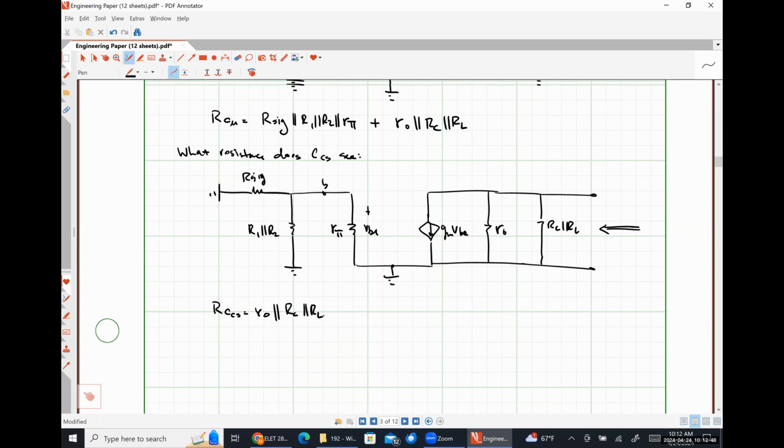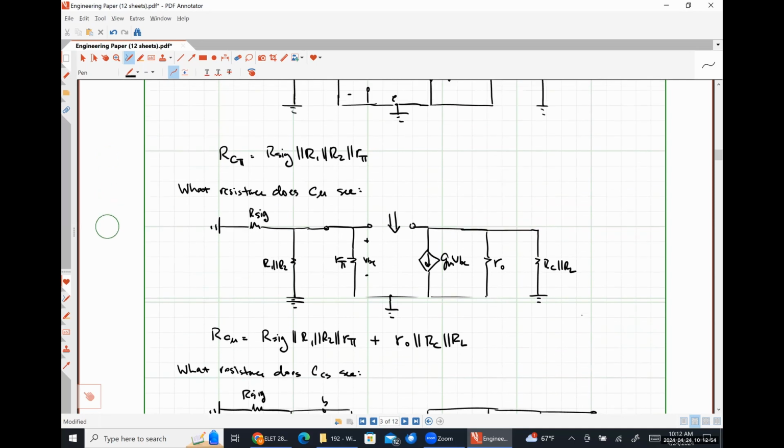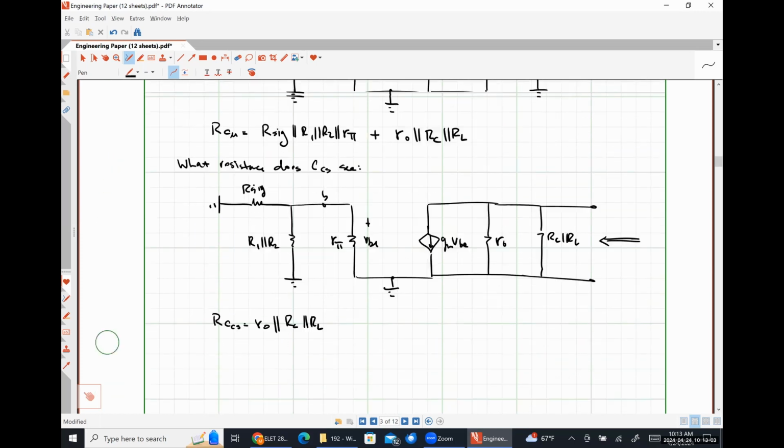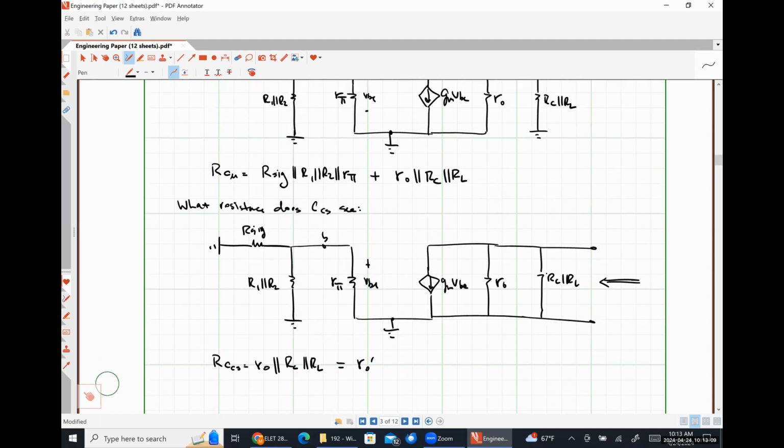So just to simplify some things here, if I am not mistaken, this is literally what we called R sig prime from earlier. And this is literally what we called R naught prime from earlier, which means this guy in the middle is just R sig prime plus R naught prime.